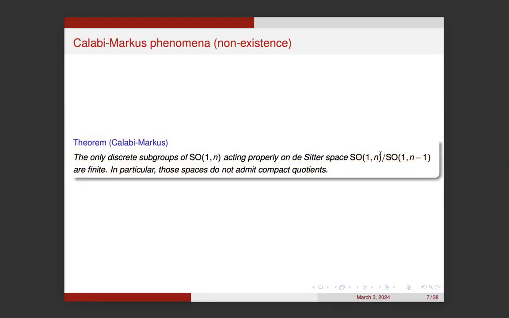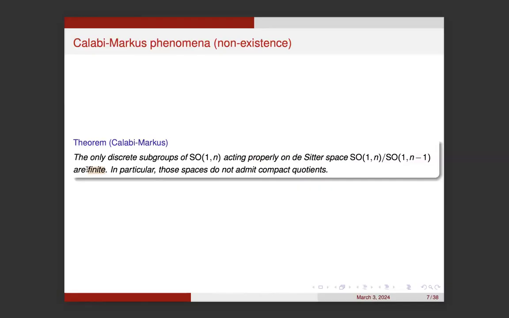The connected component of the isometry group is exactly SO(1,n). So I have a transitive action of SO(1,n) on de Sitter space, and this space identifies with this homogeneous space.